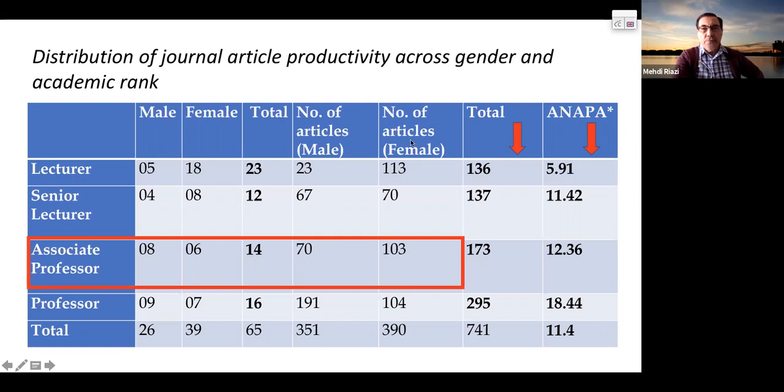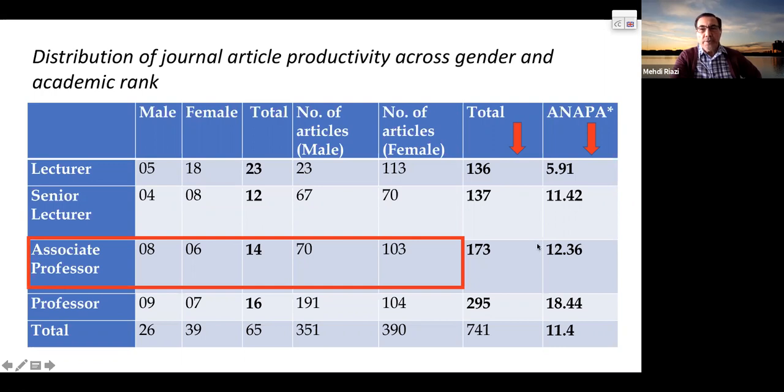Now, a column that is worth looking at is the total number of article publications. As you can see, for lecturers it was 136, for senior lecturer 137, for associate professor 173, and for professor 295. So it shows an increasing pattern from lecturer to professor.